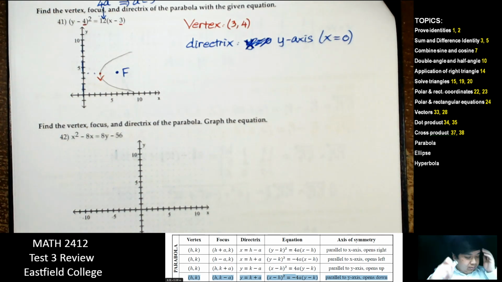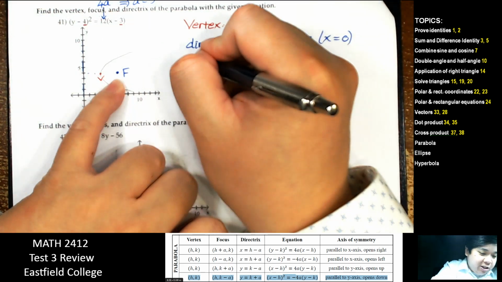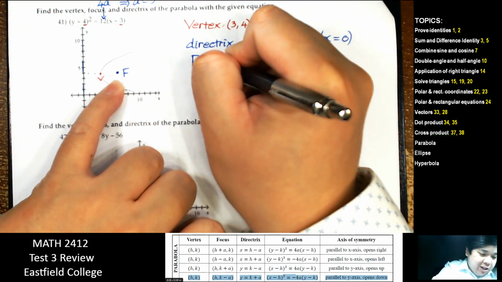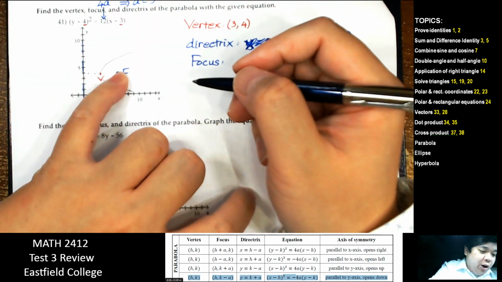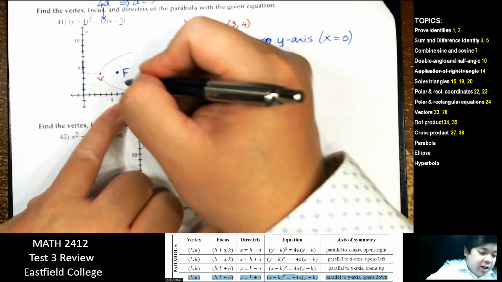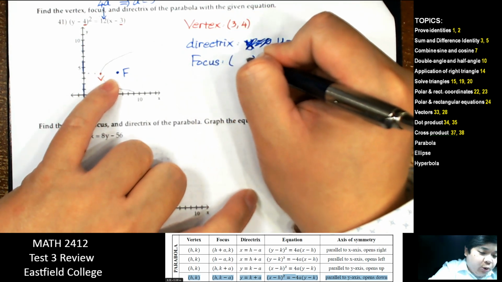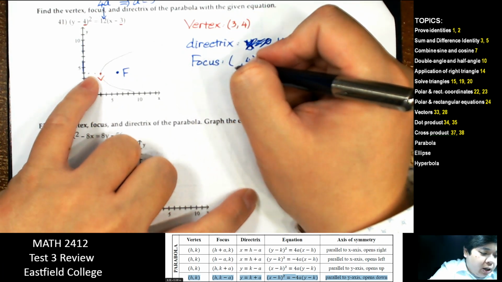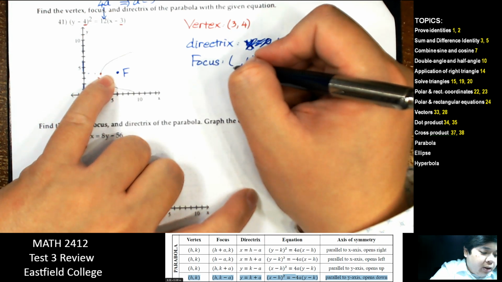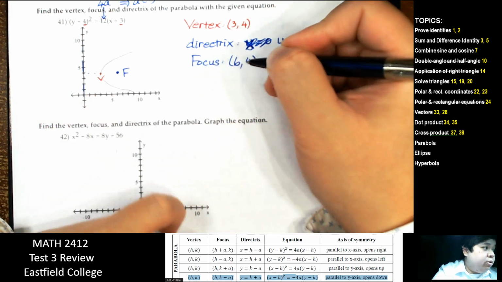And then the focus, where the graph goes around it, we have y is still equal to 4, and x is 3, 4, 5, 6, 6 and 4.